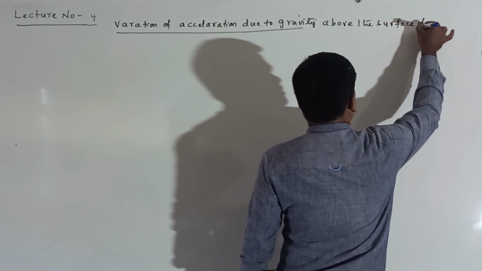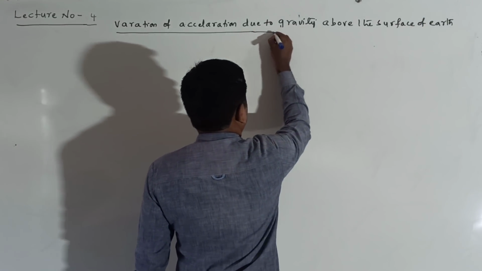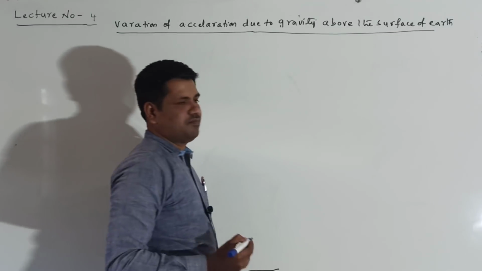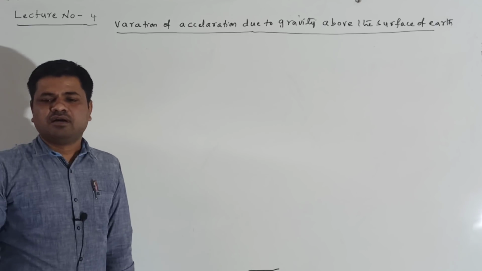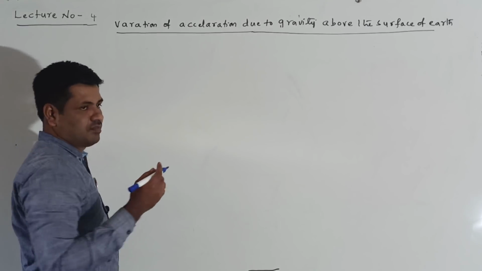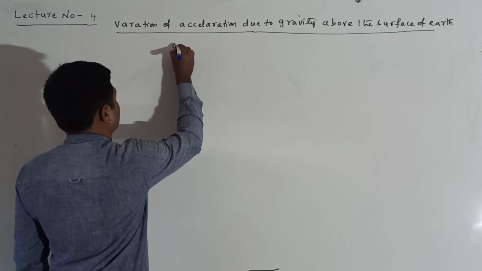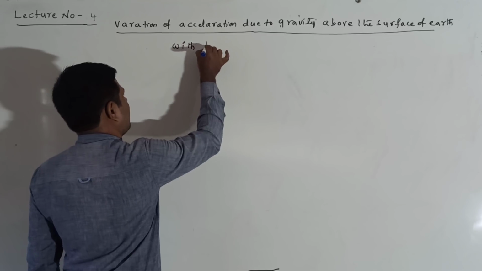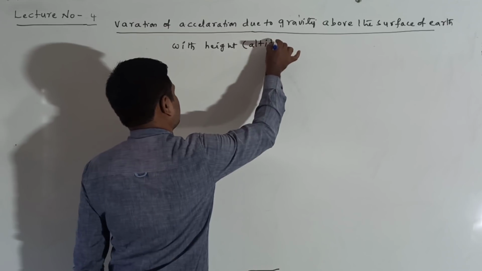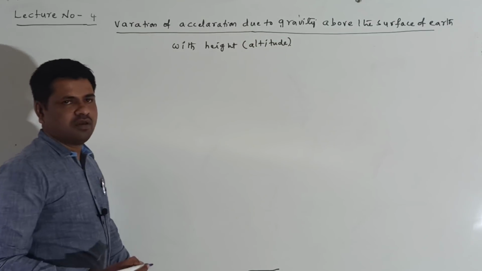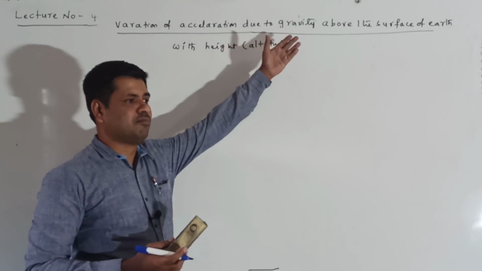Another way we say this is with height or altitude. Altitude is nothing but height. With height, how does the acceleration due to gravity change above the surface of the earth.